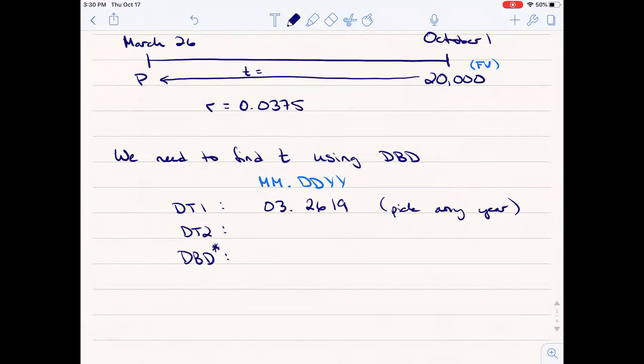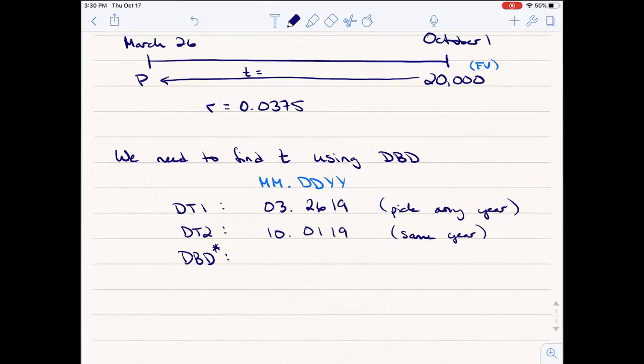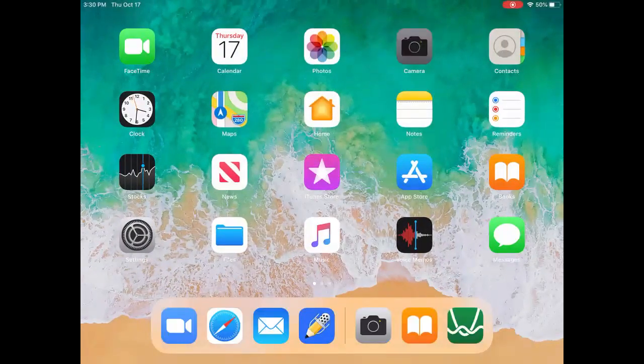And then October 1st is 10.0119. I'll just make a note that it has to be the same year, because it didn't say October 1st a year later or 2 years later. We could handle something like that, but we don't have to. So now I can go into my calculator here.